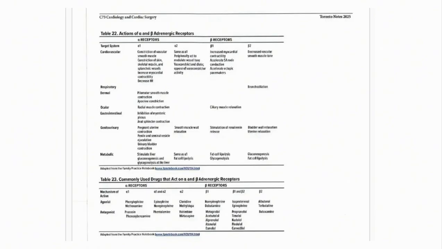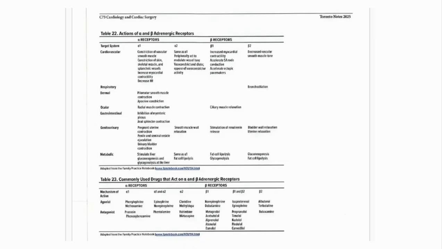Phenylephrine is a selective alpha-1 agonist used for hypotension. Prazosin blocks alpha-1 receptors and treats hypertension and benign prostatic hyperplasia. Dobutamine is the preferred beta-1 agonist for cardiogenic shock.